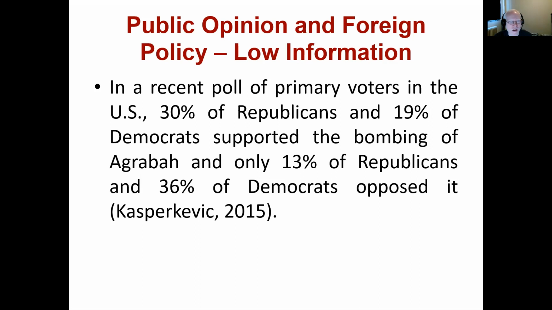I don't know how much you know about that particular region, but clearly there were events in that region that were bad enough that about 1 in 3 Republicans and about 1 in 5 Democrats supported bombing it. And only 13% of Republicans, just more than 1 in 10, and a little bit more than a third of Democrats opposed it.